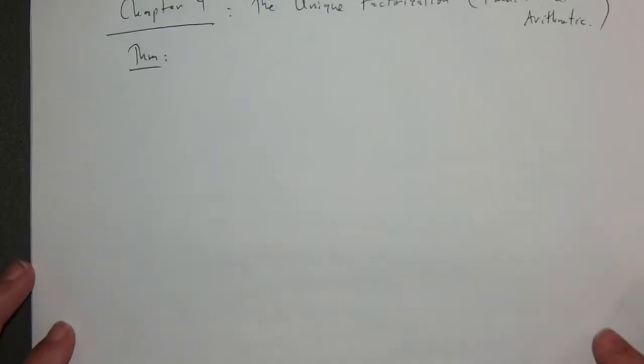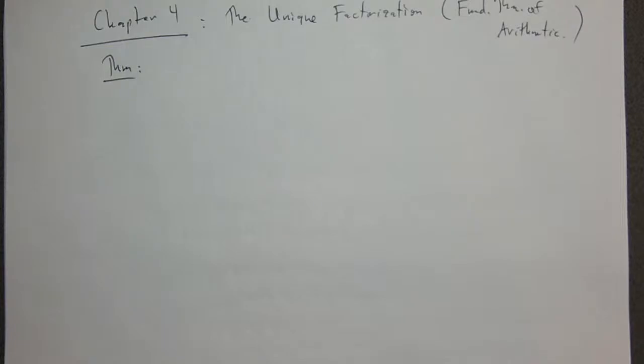So anyway, one big thing that is the only content of 4.1 here. Chapter 4 really only has a couple of sections. 4.1 is basically a single theorem, which is the following.